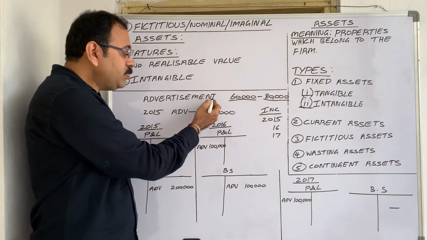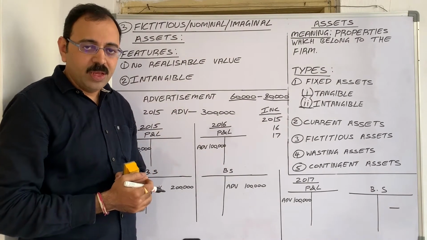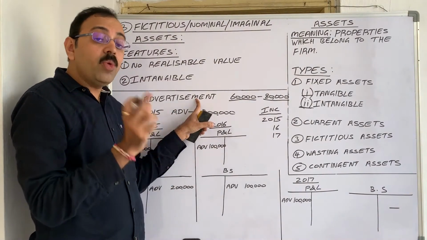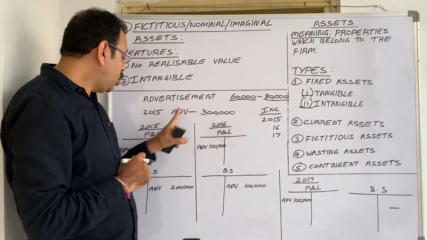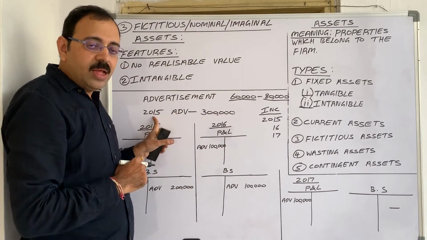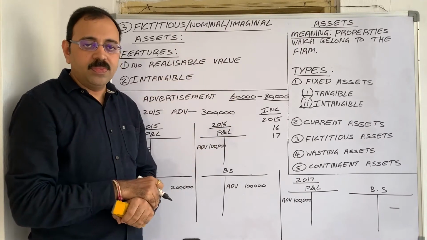So this advertisement expenditure is regular advertisement expenditure to them. It comes under revenue expenditure. And assume that in 2015, that firm is going to launch a new product.